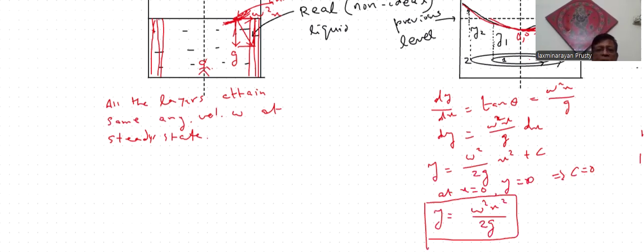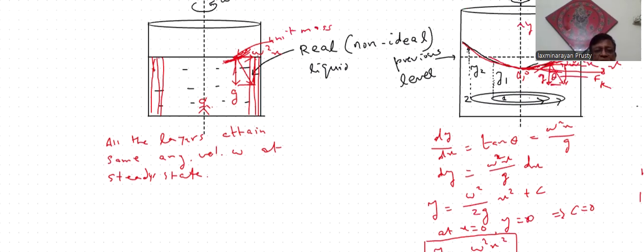Yes. Here I want to just point out a very significant fact. As all the liquid layers go on rotating with omega, then at steady condition, even if they are moving, there will be no sliding between the layers. They all are moving with the same omega.